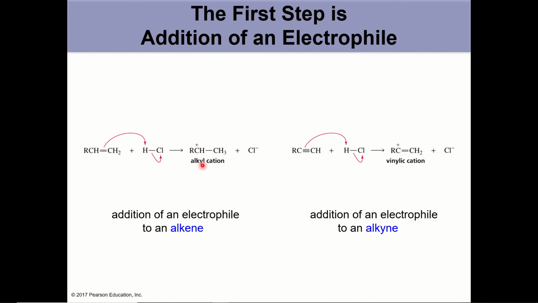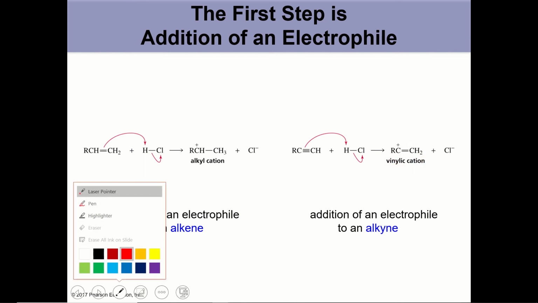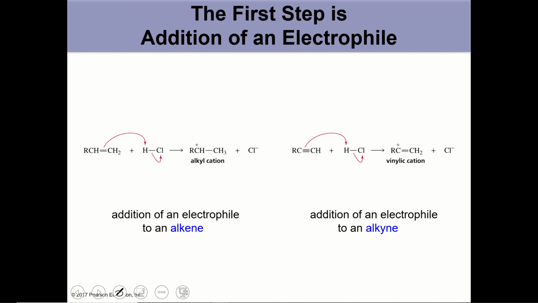We get an alkyl cation and a chloride ion. The addition of the electrophile to an alkyne, if it occurred by the same mechanism, would produce this very unstable vinylic cation. And so the exact mechanism that this occurs by is not known, but they have a hypothesis about the intermediate.